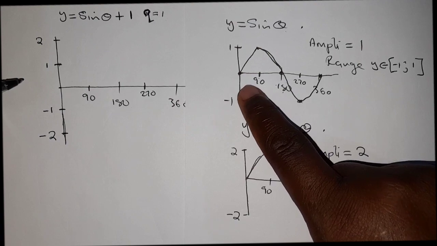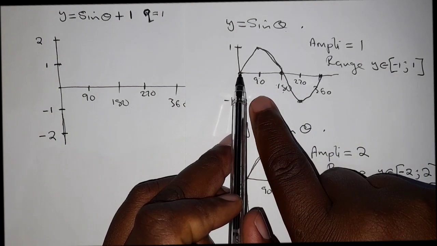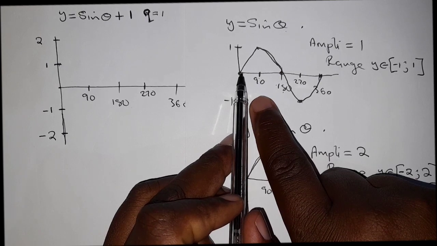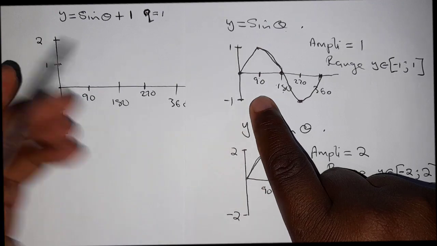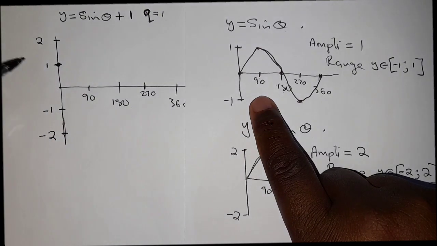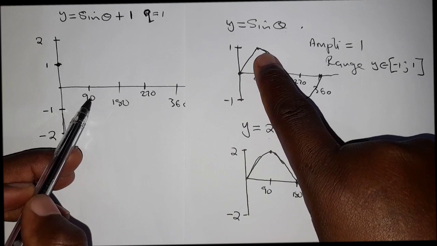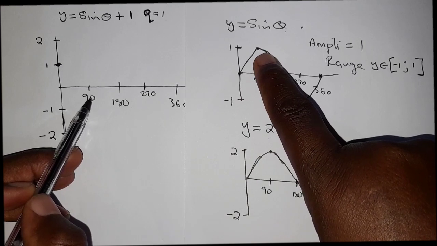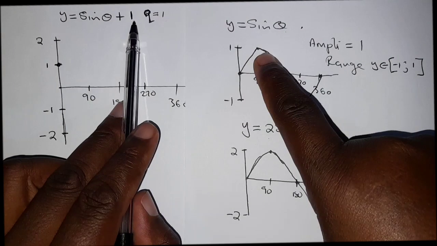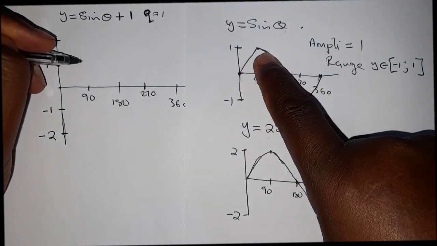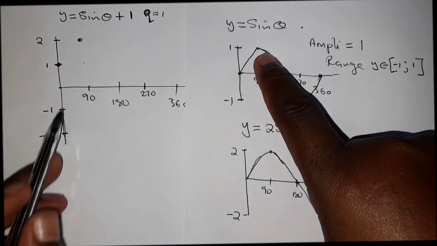So what do we have here? It was supposed to be starting at 0 as to 0. When it has been shifted one step upwards, it goes to 0 as to 1. That is here, right? And then for 90, it was going up to 1. But because we have shifted it one step upwards, it is now at 90 as to 2.